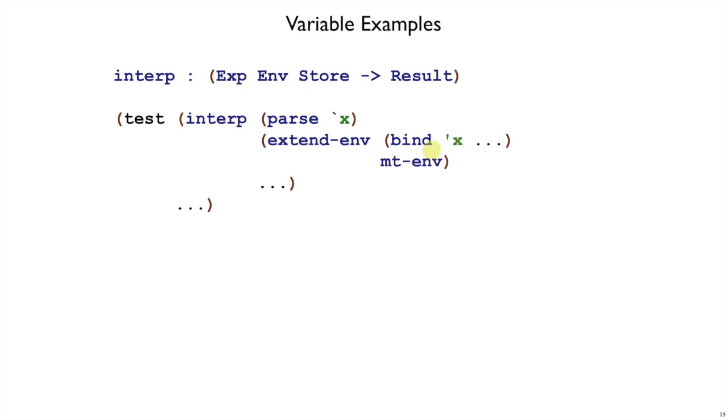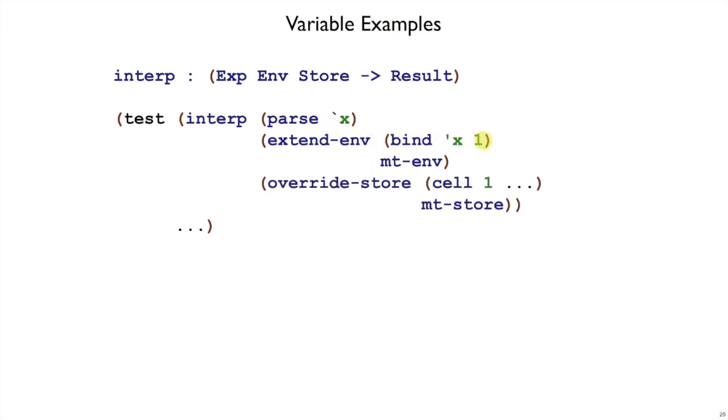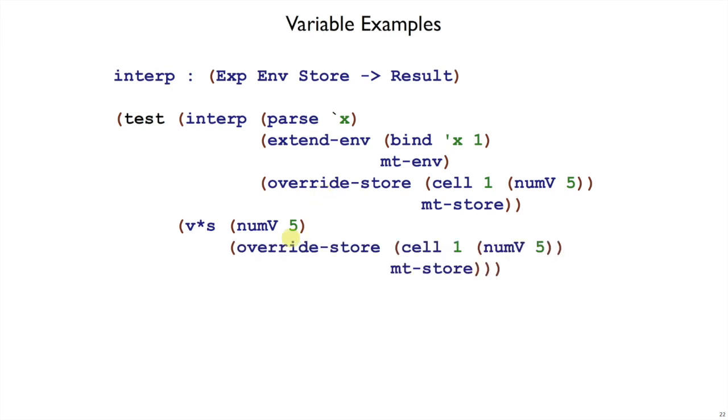So that means that when we start off a program with an environment that binds x, we will need to also start out with a location in the store. So we'll bind x to location 1, and then in that location we put some value. And depending on what value we choose to put here, say the number 5, then that's the value that we'll get out at the end. Just evaluating an expression doesn't change the store. It doesn't need to allocate when you use a variable, only when you bind a variable. So our store will be unchanged in this example.